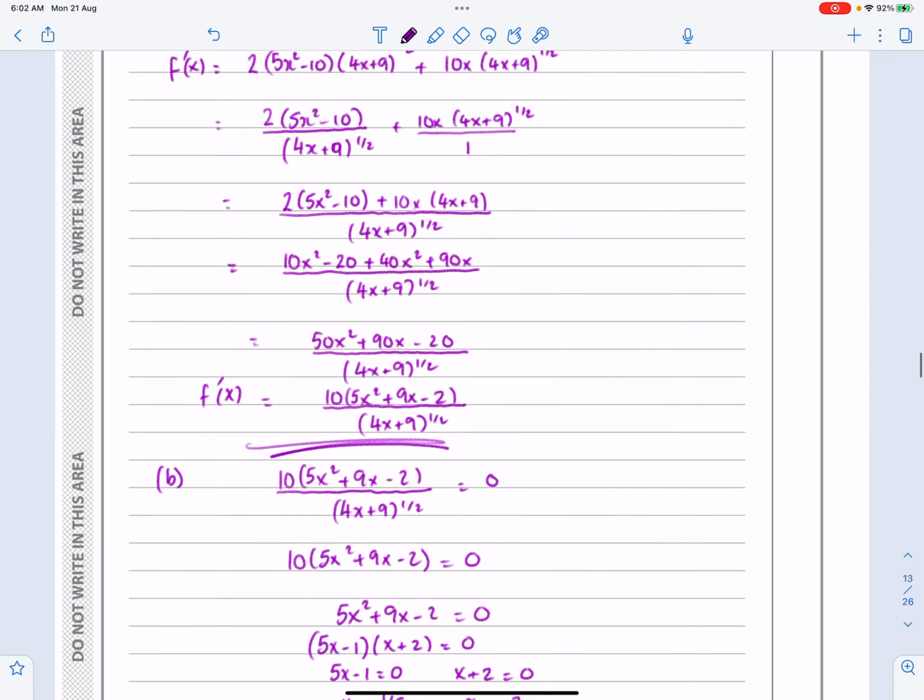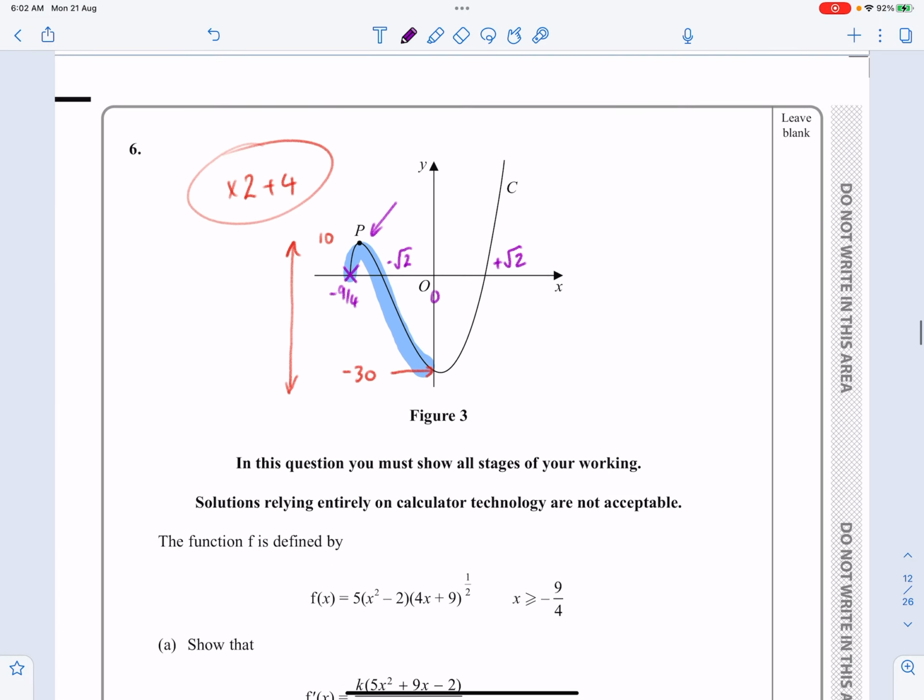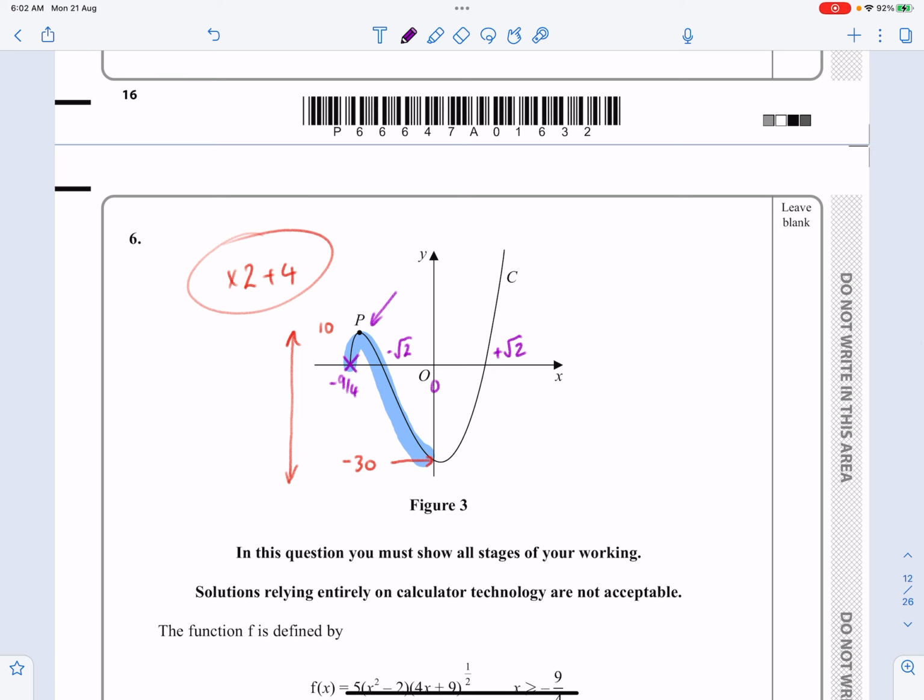Let's just make that really, really clear, and then we'll finish off with this one. So what we're saying is, this is my original graph here. And what happens if I do 2f(x)? 2f(x) would mean it was just stretched by a scale factor of 2 there.